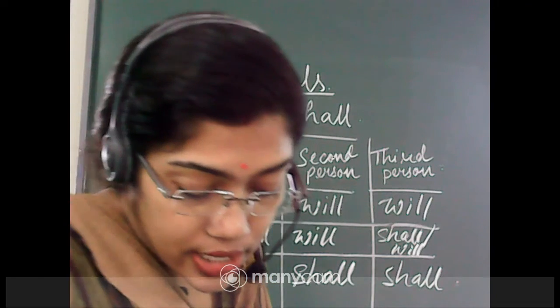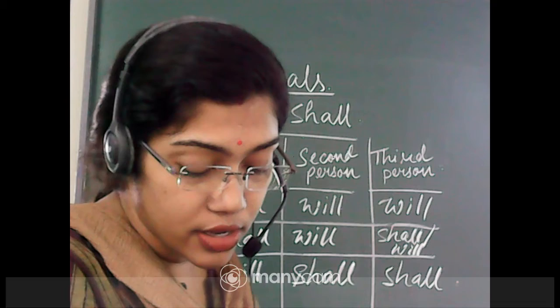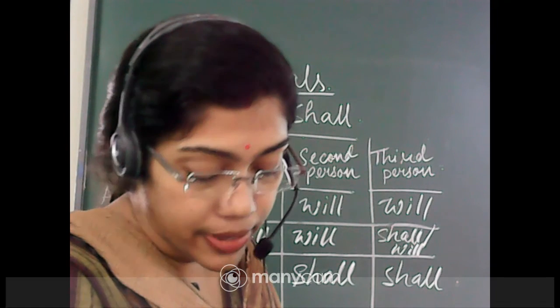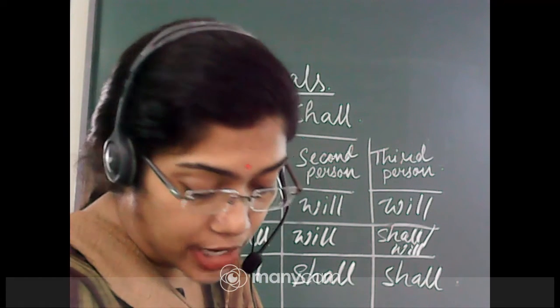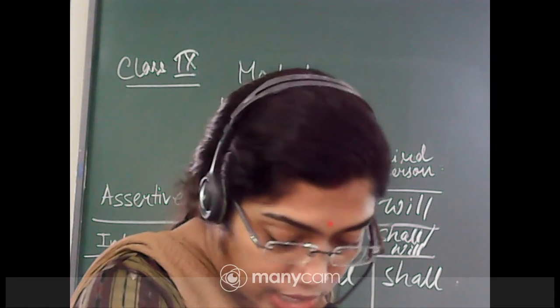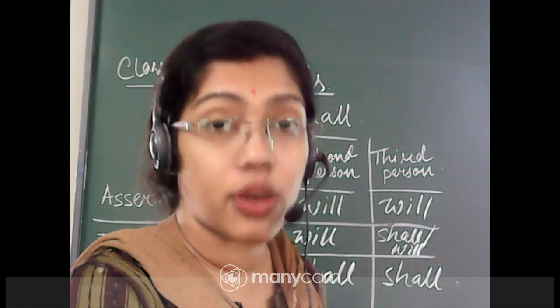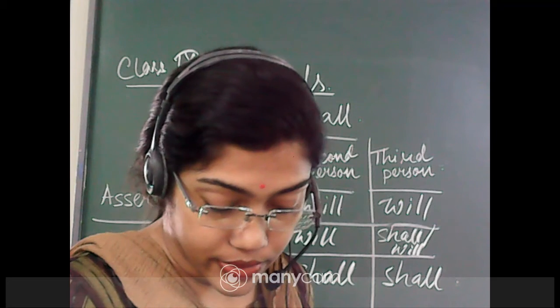Number 6, you dash be punished for your misconduct. You shall be punished. Number 7, he dash not live in my house any longer. He shall not. Okay.